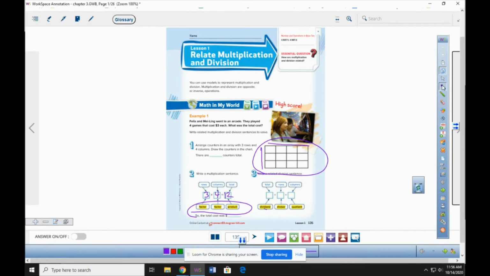It's just backwards of that. We still are using the same numbers, but in a different order. The total number that they had was 12. They had 3 rows, so we'll divide by 3, and 4 columns, so we will have 4. That is how we can write both a multiplication sentence and a division sentence about this problem.